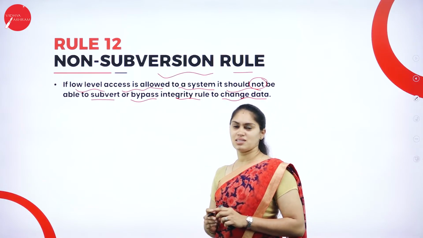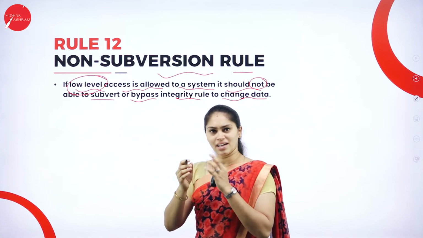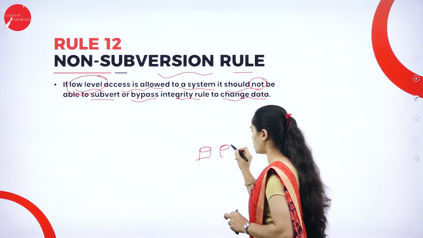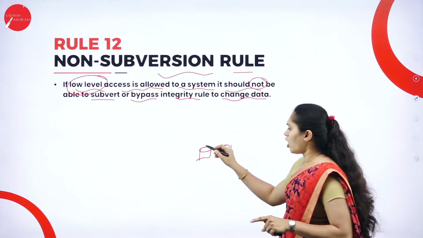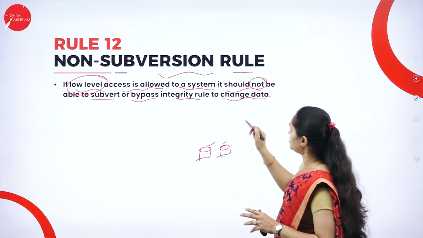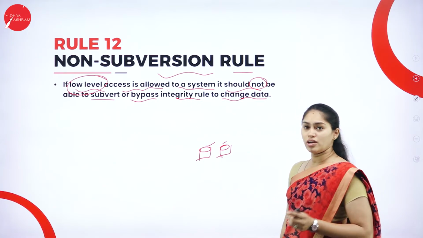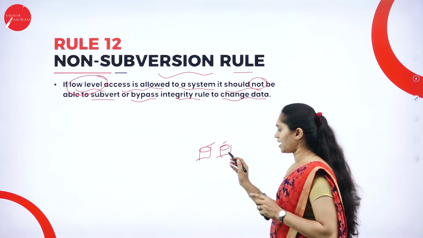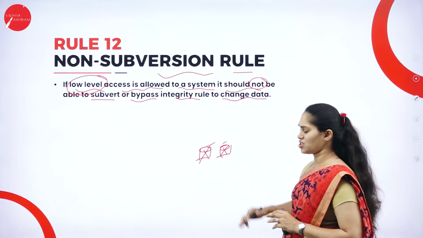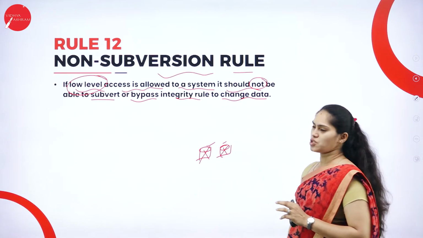Though you have access to the physical level or low level, where the actual data is stored, the system should not be able to subvert or bypass the integrity rule in order to change the data. Though the data is available, there should not be any modification or alteration. Then only we can say that is the non-subversion rule.